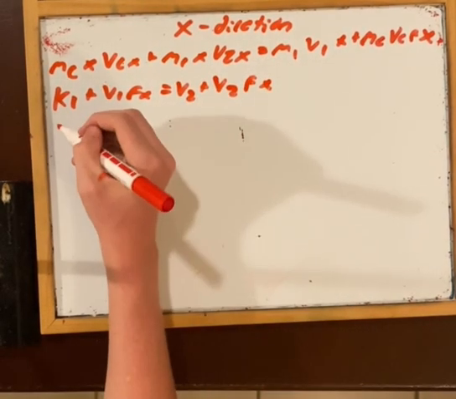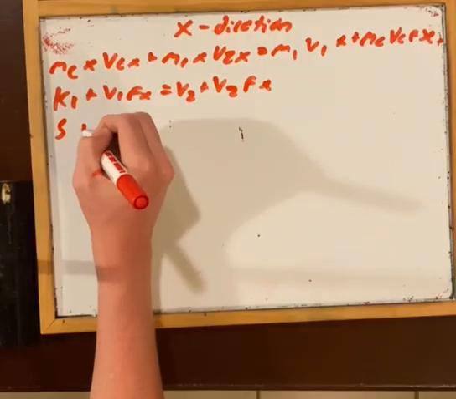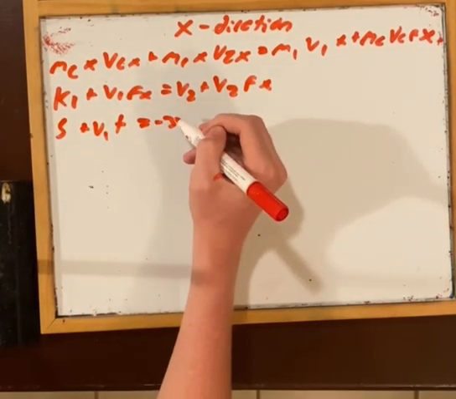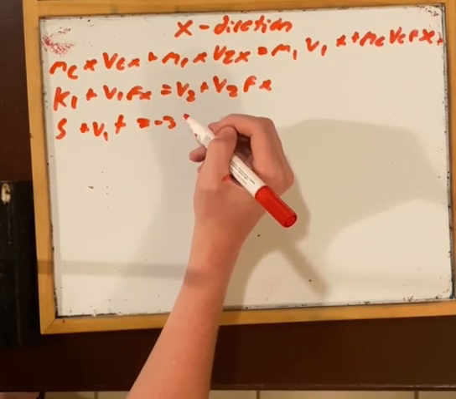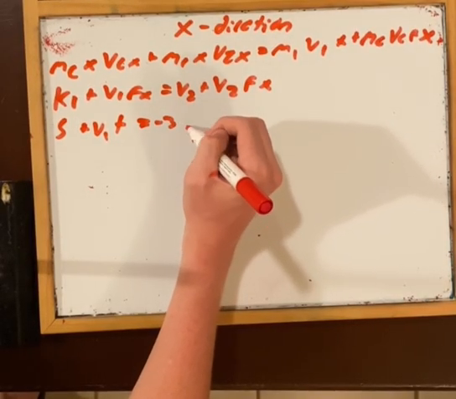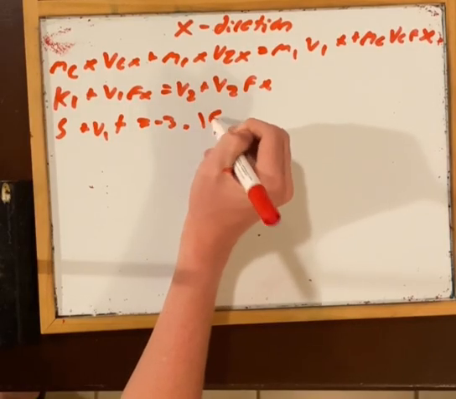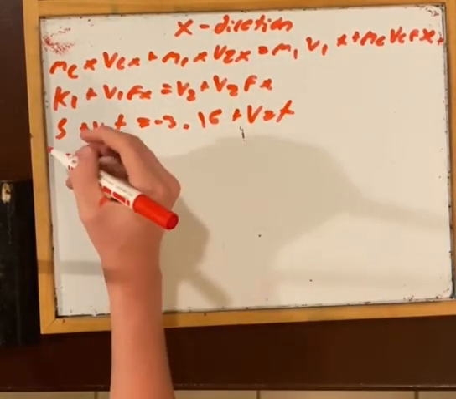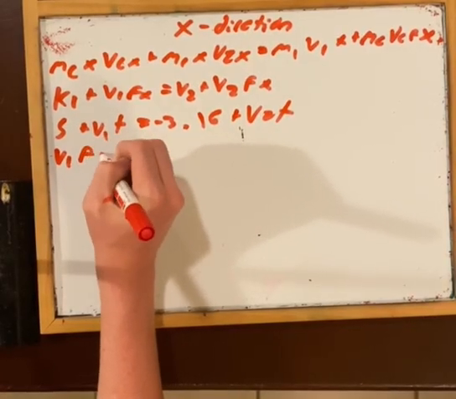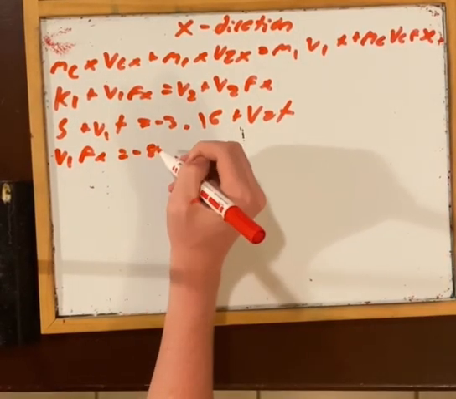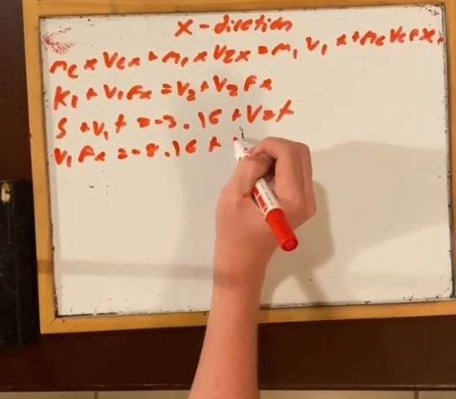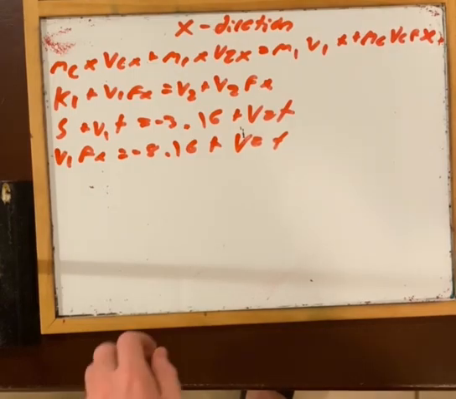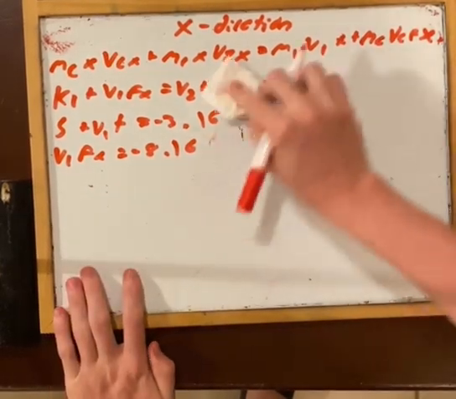So we do 5 plus v1f of x equals negative 3.46 plus v2f of x, and then v1f of x equals negative 8.46 plus v2f of x.